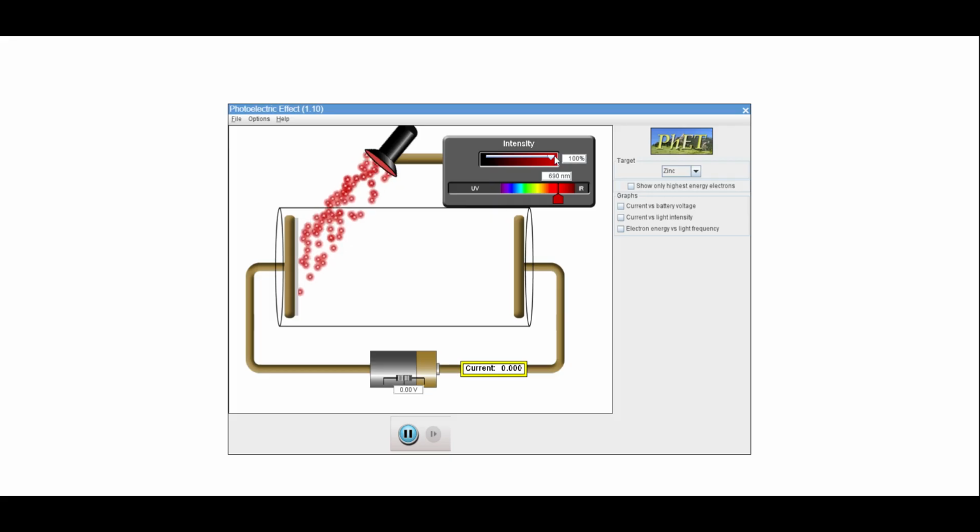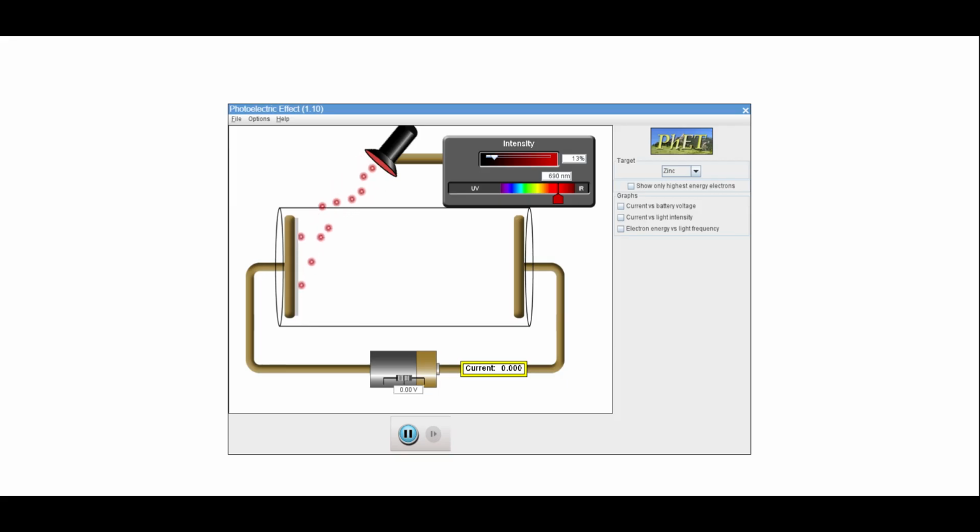So we can have a lot of those photons arriving or very few. And each one of those photons is delivering the same amount of energy to the plate. And each one of the electrons in the plate is absorbing one photon.